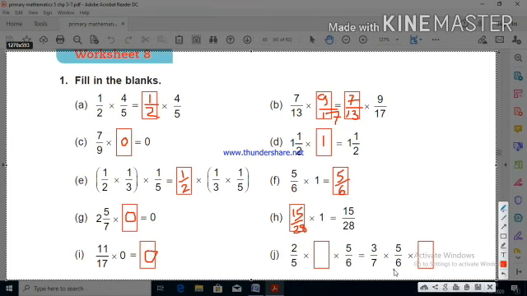Here 2 by 5, you have to multiply 2 by 5 here. And you have to write 3 by 7 here. You have to balance the two equations. Okay, that's all.